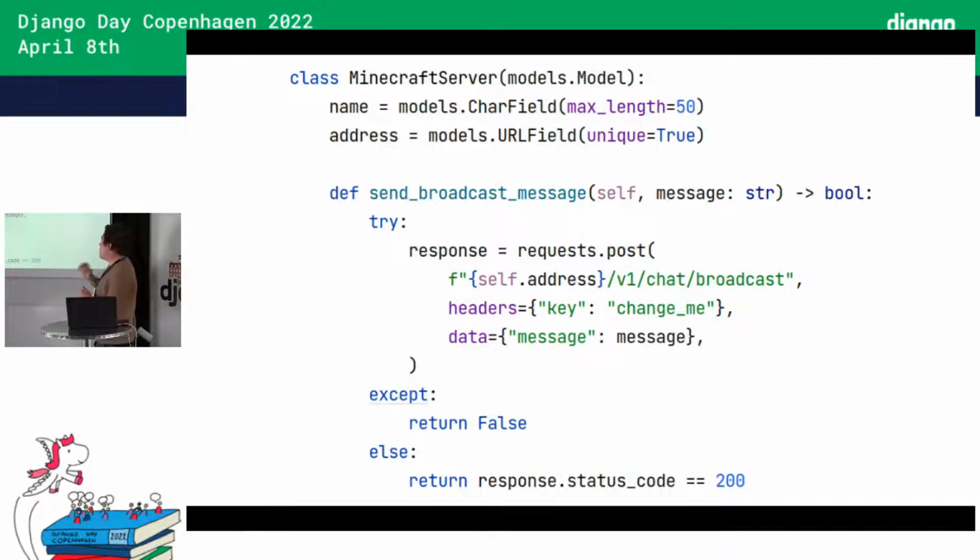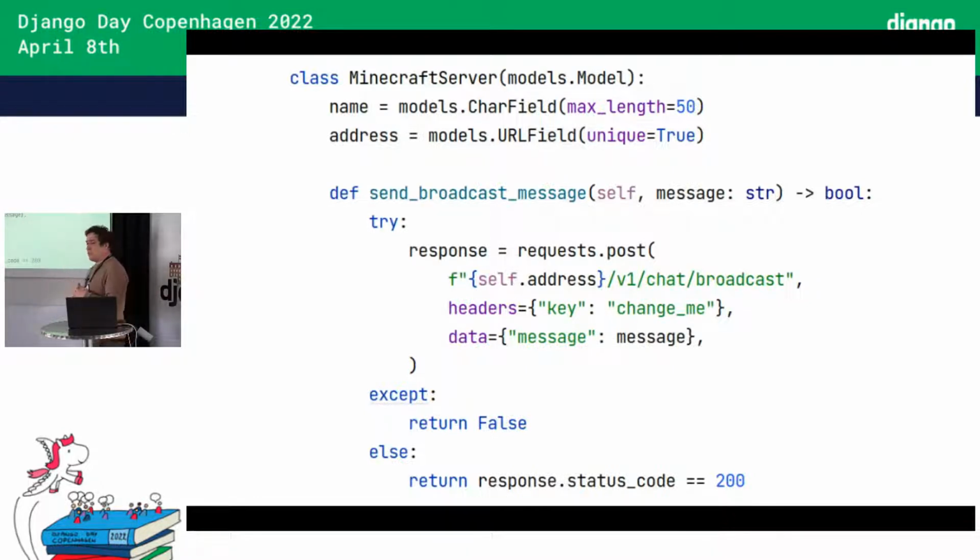I'm using the requests library. This is the endpoint. You have the headers for some credentials, the payload, and if something goes bad, if the request throws an exception, I return false. And if there is no exception, then I verify that the status code is 200. And why 200?